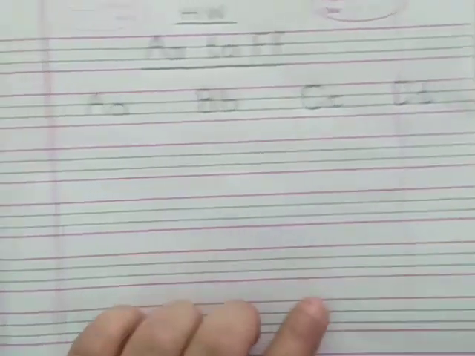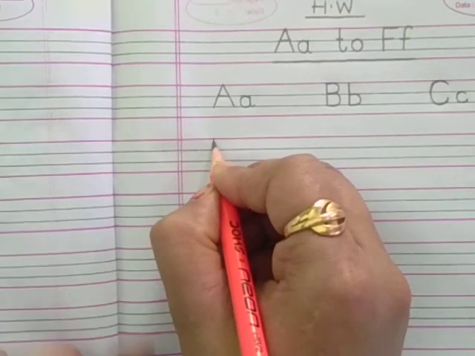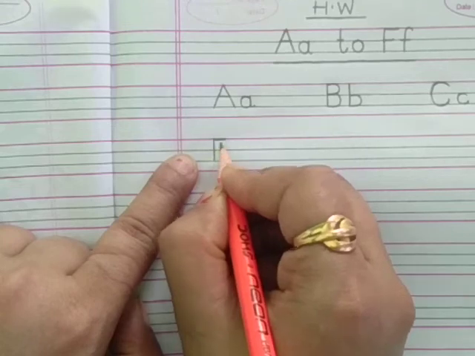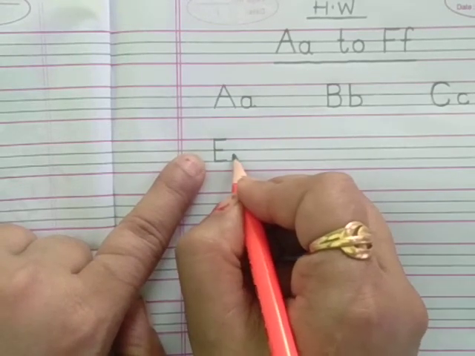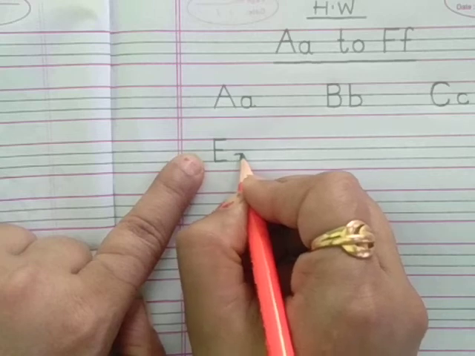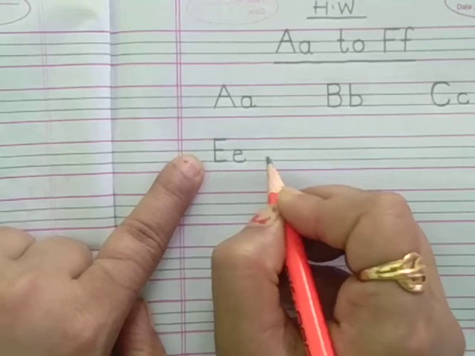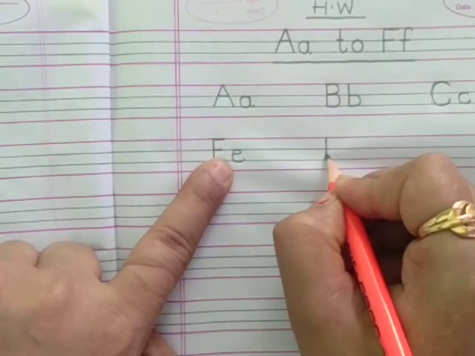D. Now letter E. Standing line and 3 sleeping lines. Here a little sleeping line and a left curve like C. This is letter E, and this one is letter F.